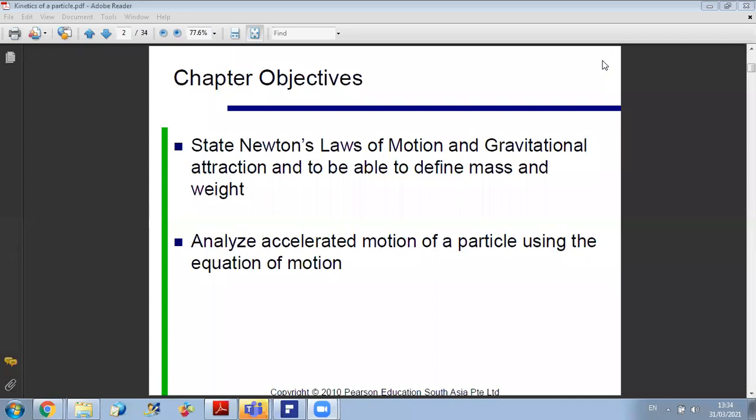Okay, so the objectives of this chapter are to know how to work with Newton's laws of motion, and to do the analysis of accelerated motion of a particle using the equation of motion. And as we have seen in the previous chapter, we have possible types of frames that we can work with. We can work in rectangular components.